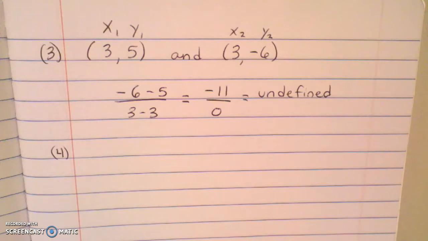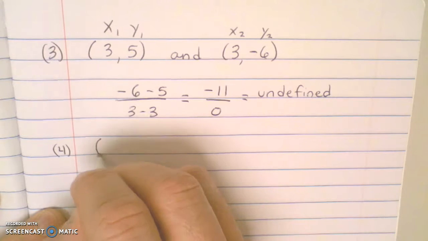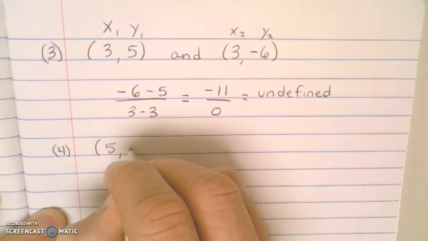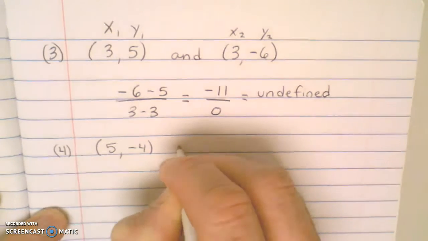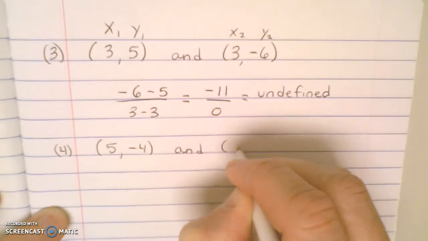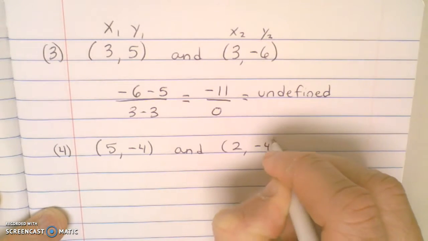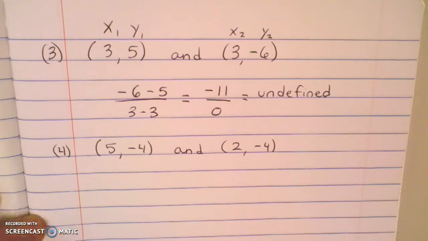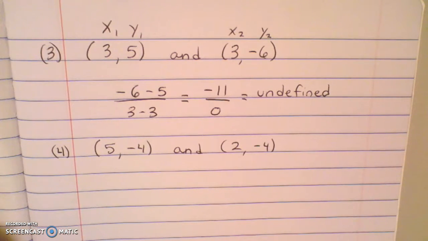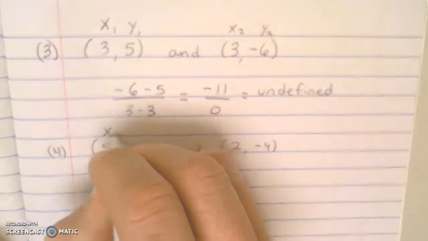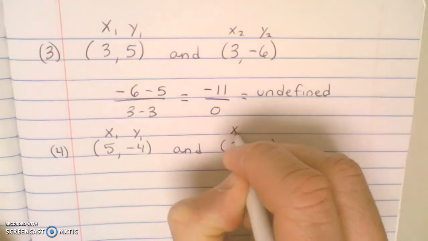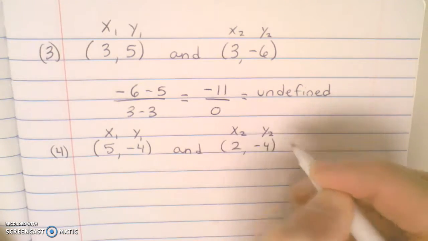Okay, let's try another example. Let's say I gave you 5, negative 4, and 2, negative 4. Remember to label your points, x1, y1, x2, y2.